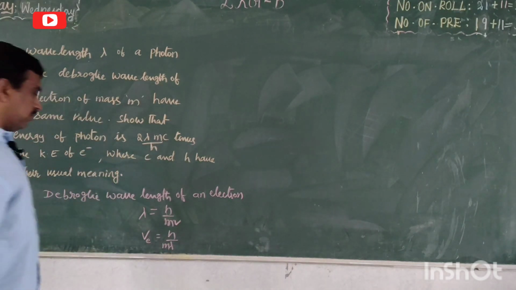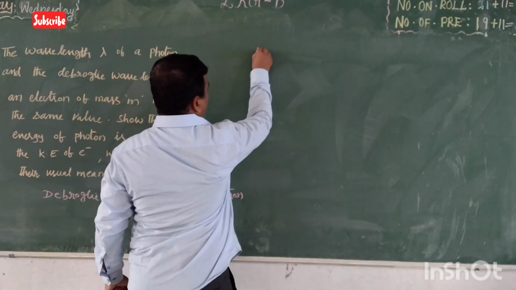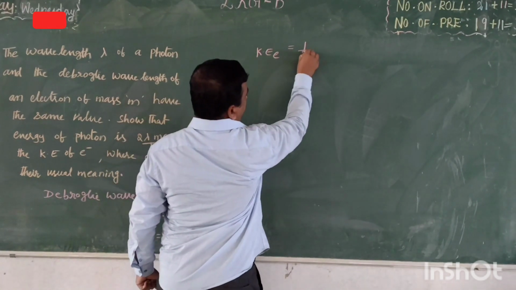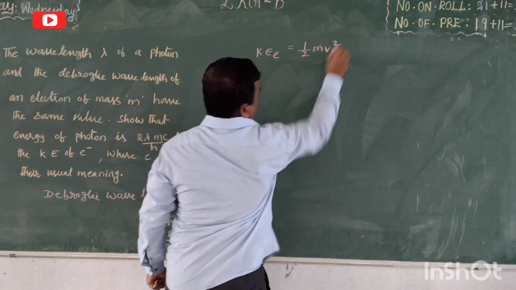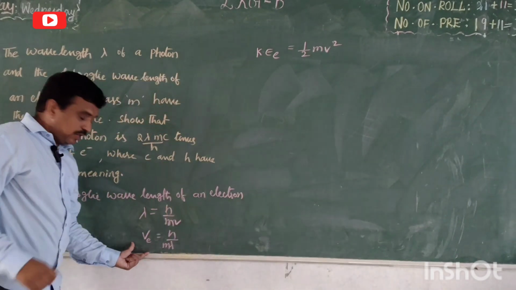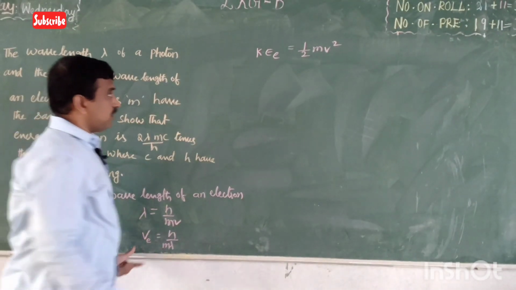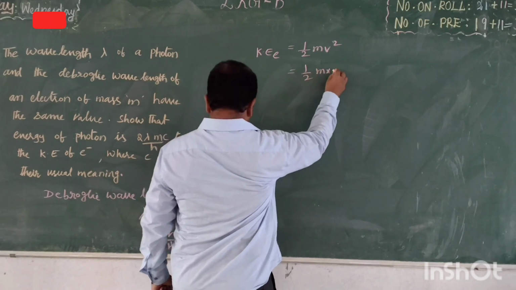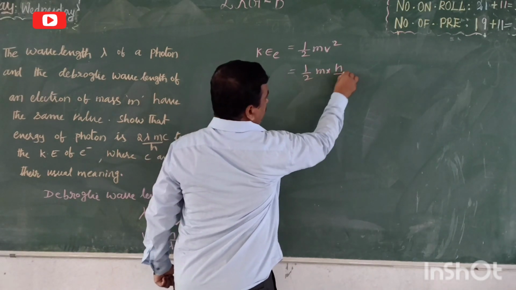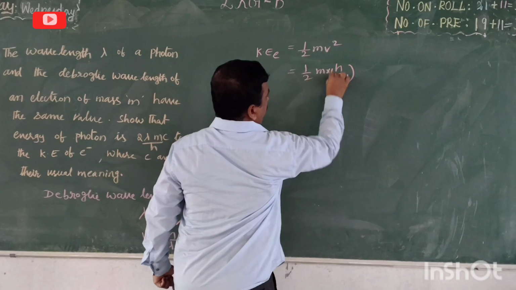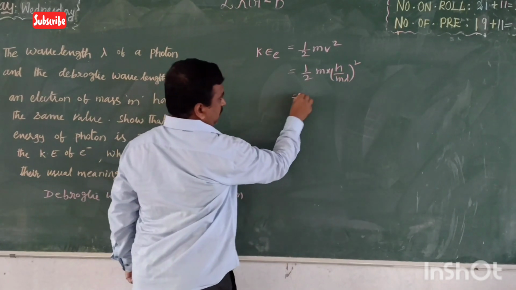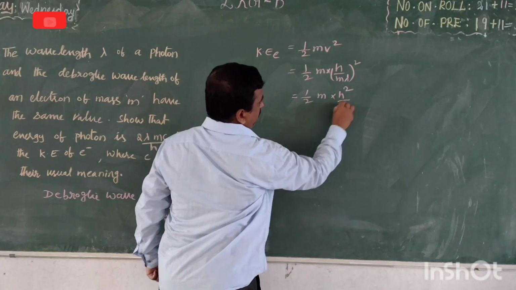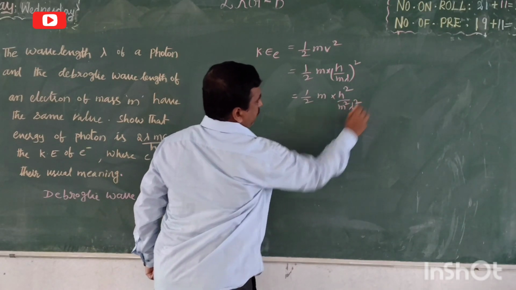We can write the kinetic energy of the electron as half m v square. Here we already know the velocity of the electron, h by m lambda. So half m into h by m lambda whole square, that is half m into h square by m square lambda square.